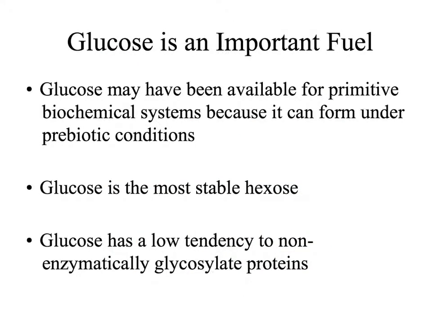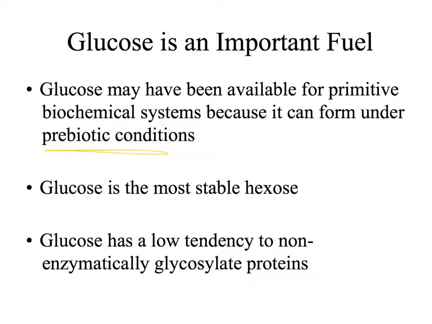Now, glucose is an important fuel, and it's an important fuel for a number of reasons. It's believed that glucose was perhaps the initial fuel for cells, or it was around in these prebiotic conditions. So it may have been available for these primitive biochemical systems.